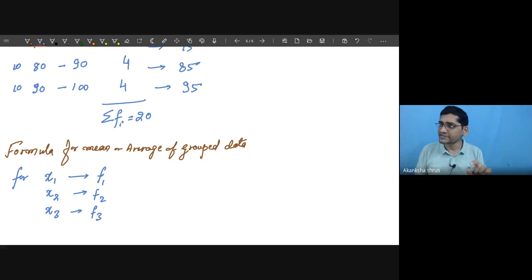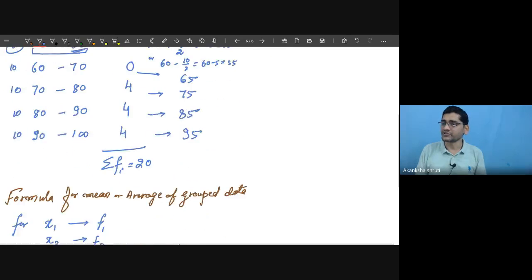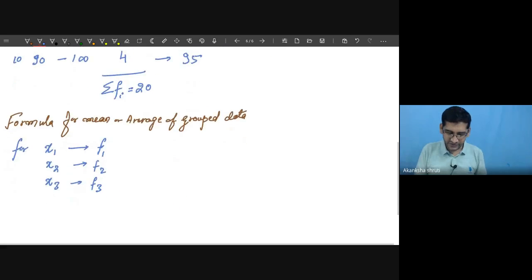The class mark is the representative of the entire class. Means for x1, the class interval 40 to 50, I have f1, here 3 students. So go on. For xn, there is frequency fn.